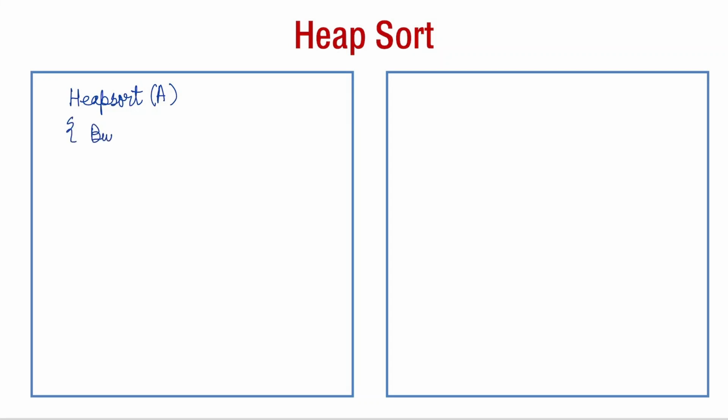first does a build heap A. So I will first build the heap, and then one by one I will remove the root element, put it at the end of the array, and then continue. So let us look at our example. Suppose my example is like this.